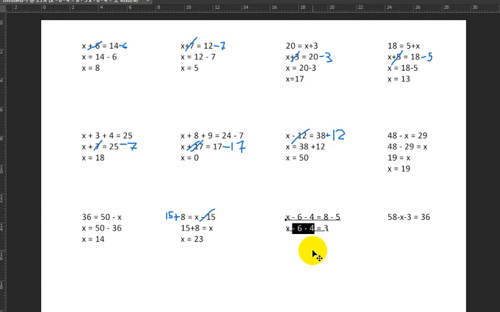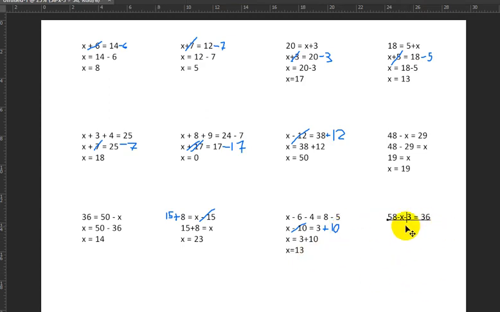Minus 6 minus 4 would make minus 10. And here we have x minus 10 equals 3, which we can solve by doing x is equal to 3 plus 10. So x is equal to 13.